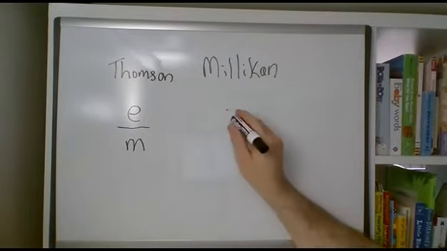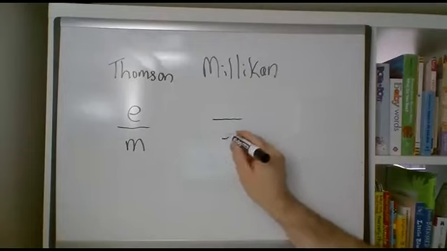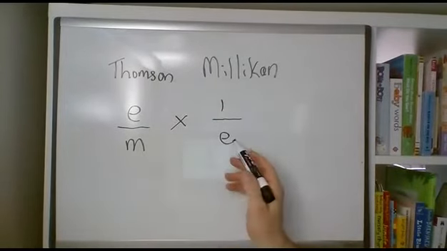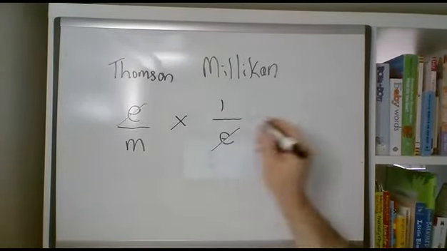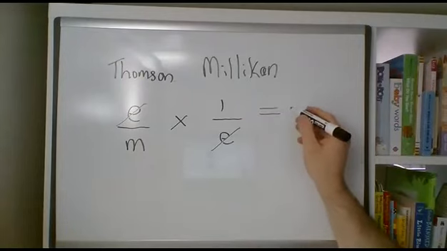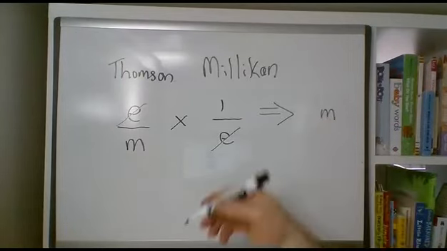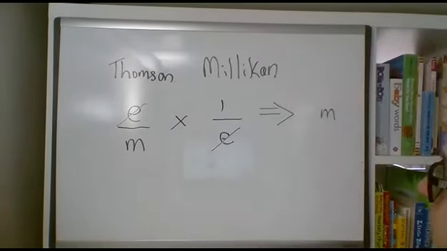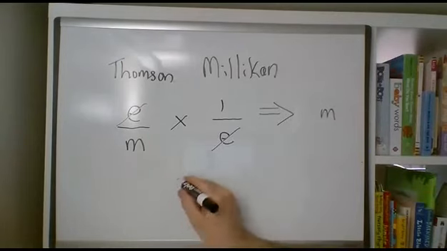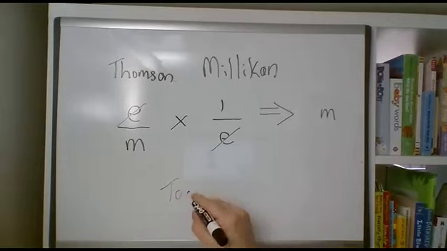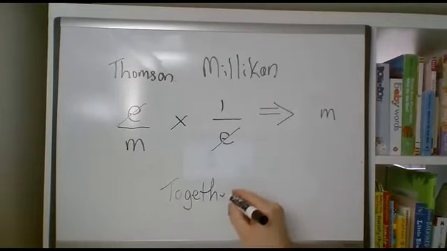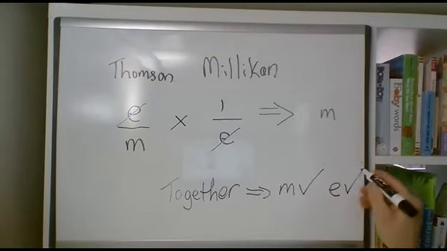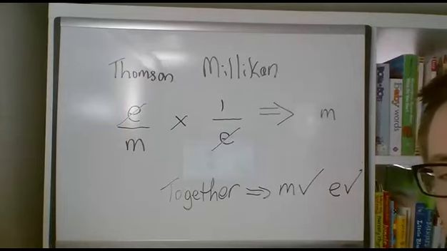Millikan gave us the charge, so let's take the reciprocal of the charge. If you've got the charge to mass and I've got the charge, then we can ultimately get the mass. So we'll get 1 over the mass originally, but you can quickly isolate one of the variables from the other. So together, we now have the mass of the electron and the charge of the electron separately. So now we're in business.